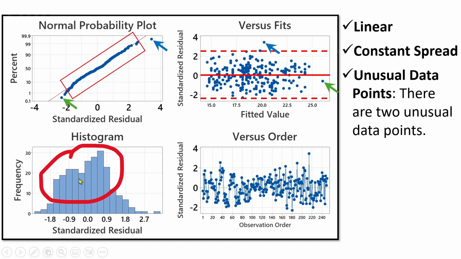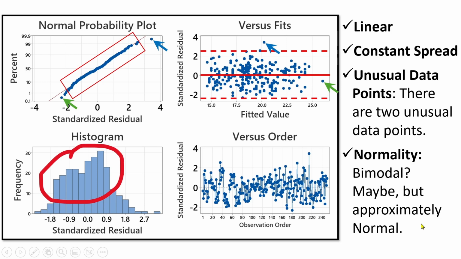This hint at a bimodal distribution, in this case, is just very subtle. It's not really enough to make a difference. So we can go ahead and conclude that the residuals are approximately normal in distribution. We can be happy with that, which means we can go on to do our inferences.